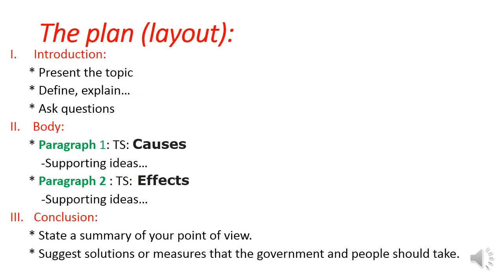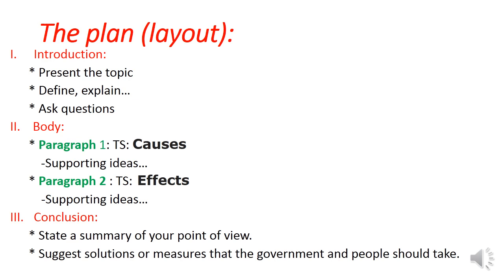These are the main parts of an essay. In the introduction, we present the topic, define it, explain it, and ask questions about it. The topic is brain drain, so we define what brain drain is. Then we ask questions, and remember the topic is to discuss causes and effects.